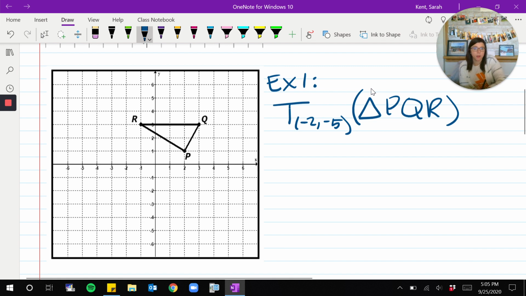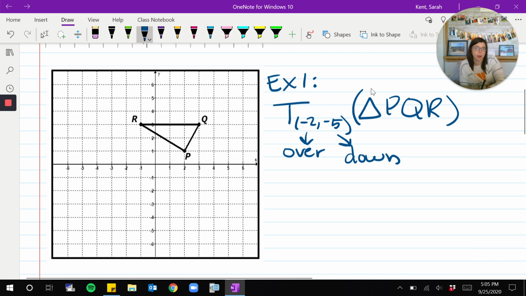So if we remember, -2 tells us where we go over, and -5, since it's negative, it will not be up, it will be down.